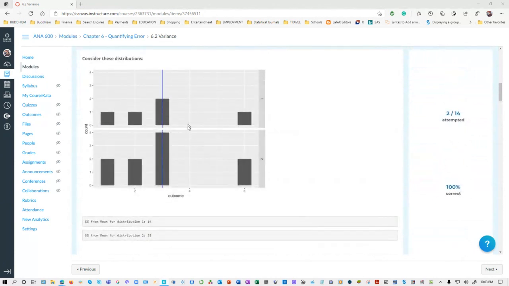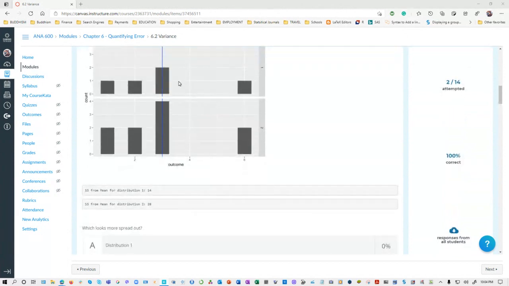But it's not a good way, because when you use the SSR here and here, the variation is the same, but your SSRs are different. So that would not be a good way to talk about the variation.